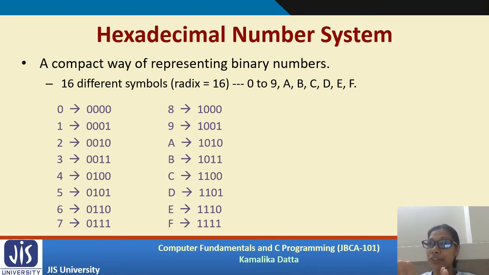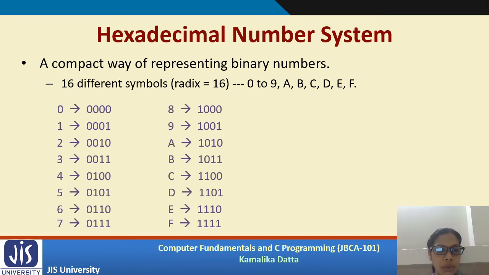But do not confuse that. Ultimately, the computer can only understand binary numbers. But this is a way of representation for our own ease. The hexadecimal number has been used by many systems. This is nothing but a compact way of representing the same binary numbers.